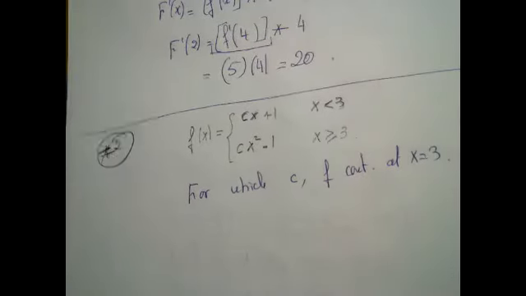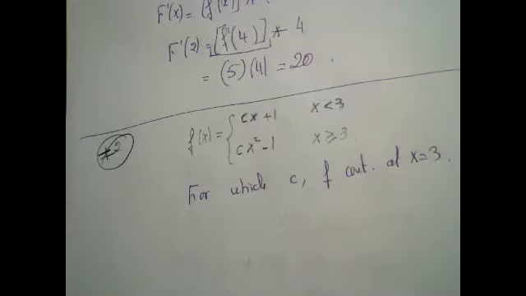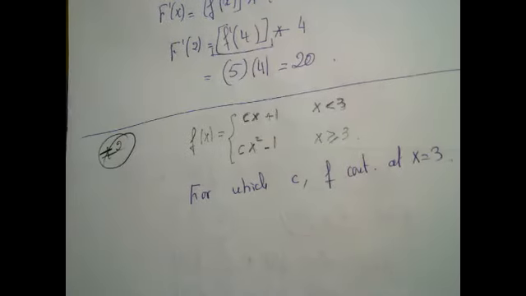Anybody have any idea how to do that? Anybody try it? Do we set both equations equal to each other because they're continuous? What do you mean, both equations? The cx plus 1 and the cx squared.